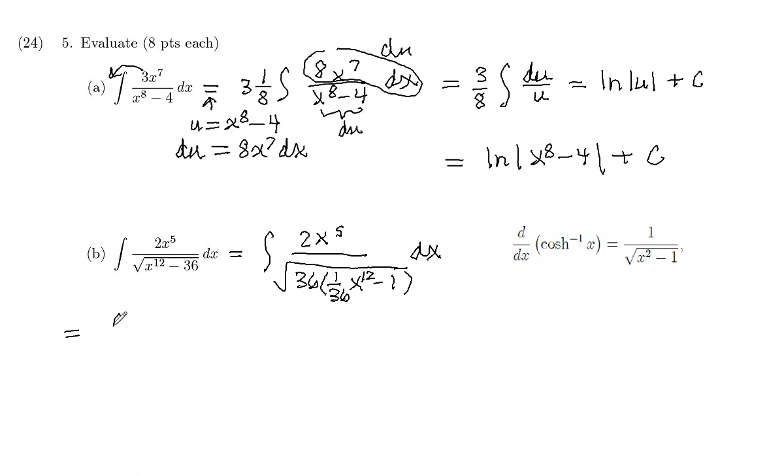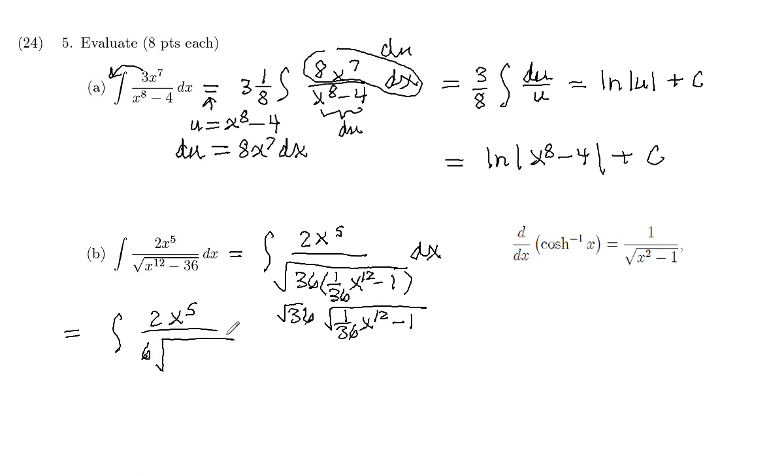So this is now going to be the integral of 2x to the 5th, and then in the denominator root 36, and then root 1/36 x to the 12th minus 1. Because remember, square roots of products and quotients you can break apart. So root 36 in the denominator, that's a 6, and then this part we have to leave.